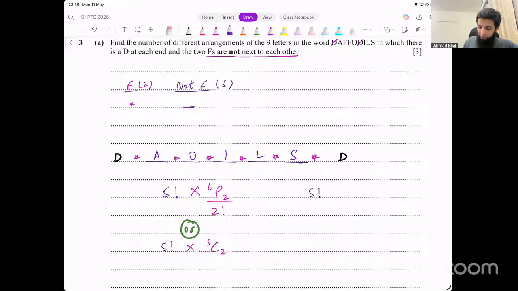If you're doing 5 factorial into 6 into 5, that's because we have 6 places, so 6 options for the first F and 5 options for the next F. That is actually the same as 6P2, which arranges those two Fs. But since the Fs are identical, we still need to divide by 2 factorial. So all of these will be correct. All of them mean the same thing. Okay?